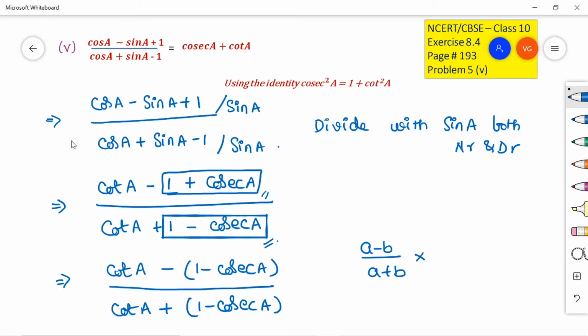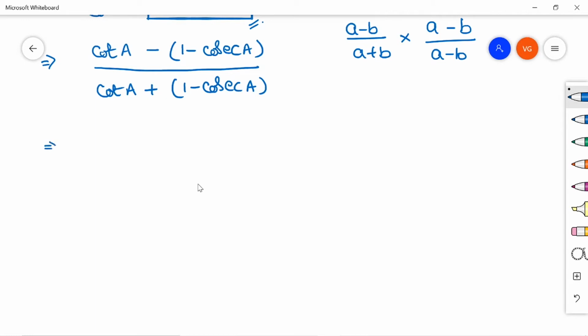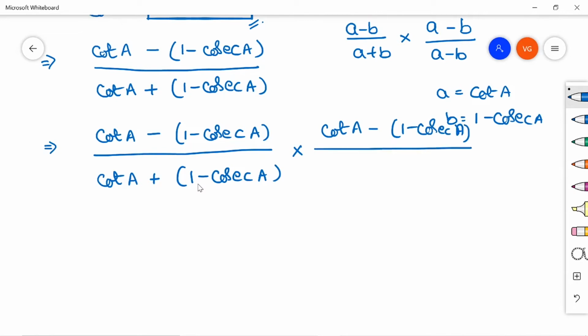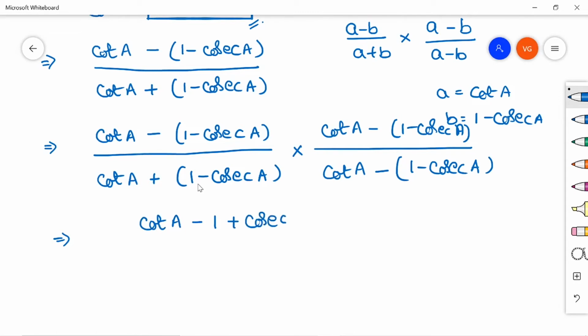Now I will multiply both numerator and denominator by A minus B. Here A is nothing but cot A, and B I am taking as 1 minus cosecant A. So it will be cot A minus (1 minus cosecant A) divided by cot A plus (1 minus cosecant A), multiplied by A minus B. The numerator is A minus B multiplied by A minus B, so that is A minus B whole square, which I write as cot A minus (1 minus cosecant A) whole square.